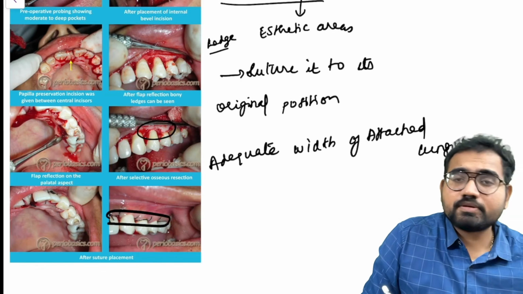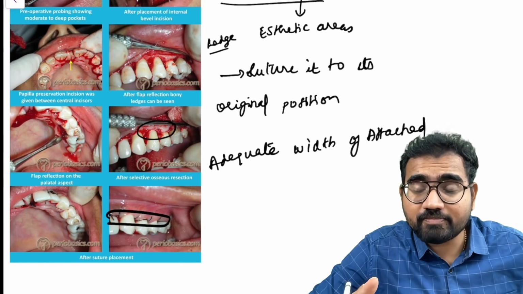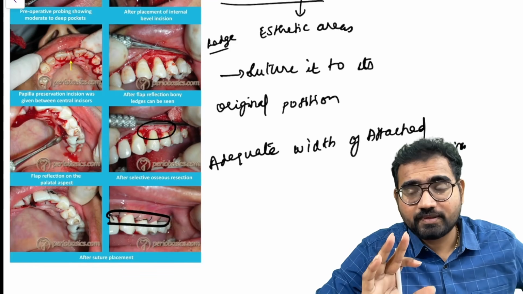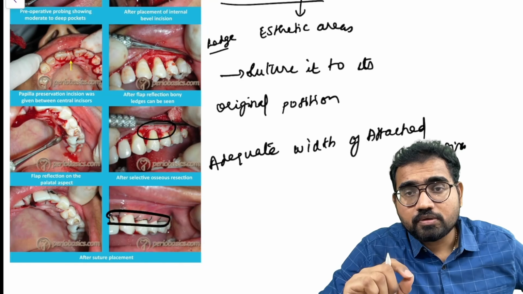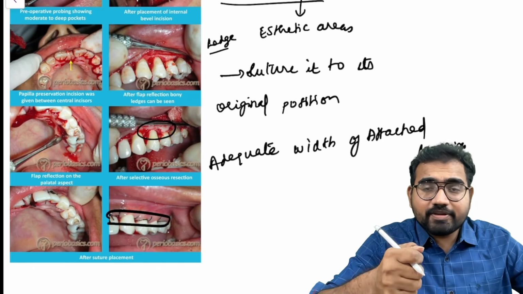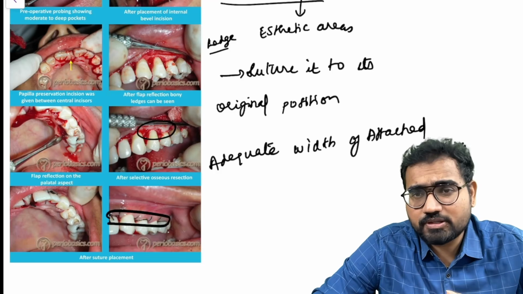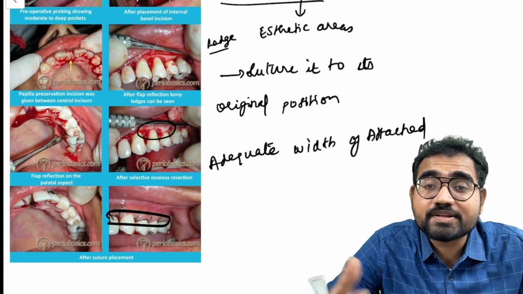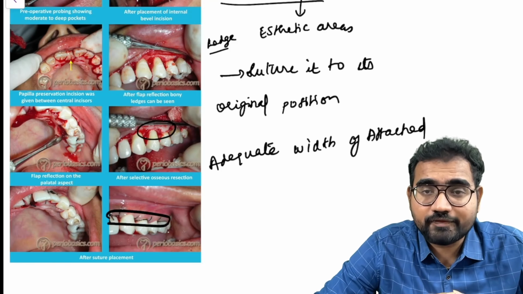Imagine if the patient does not have adequate width of attached gingiva and you do a modified Widman flap, that might result in recession, because I'm removing a piece of tissue and suturing it back to the original position, so I'm giving it primary intention. If the patient does not have adequate width of attached gingiva, or already has recession, I should never do a modified Widman flap.